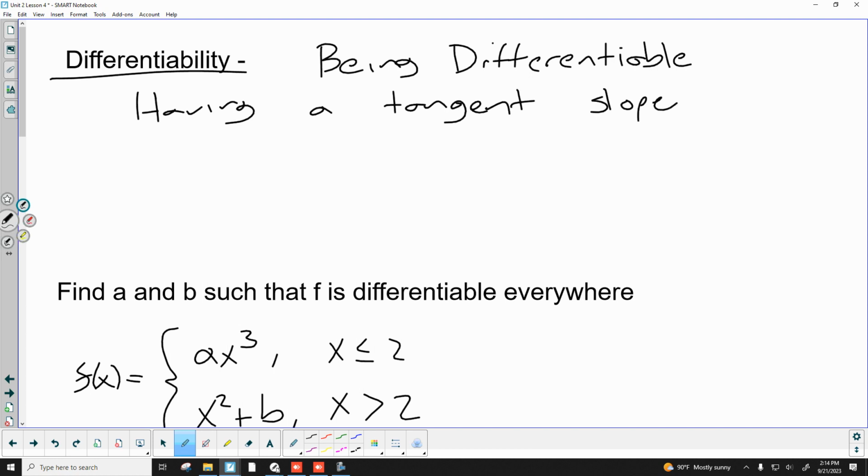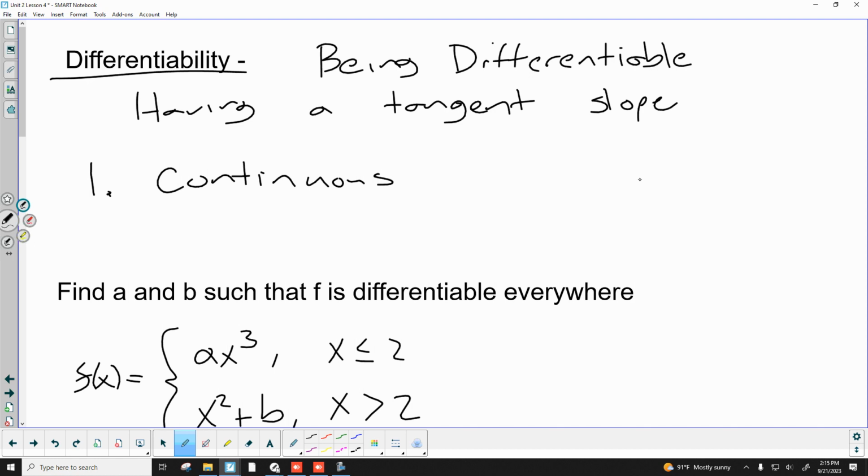There are two things that must be true so that you don't break Newton's marriage of a limit and a slope formula. The first thing that must be true to have a tangent slope is you have to be continuous at the location that you're looking at a slope for. If you don't have points, you won't have tangent slopes. Okay? So there's no tangent slopes at holes. There's no tangent slopes at jumps, asymptotes.